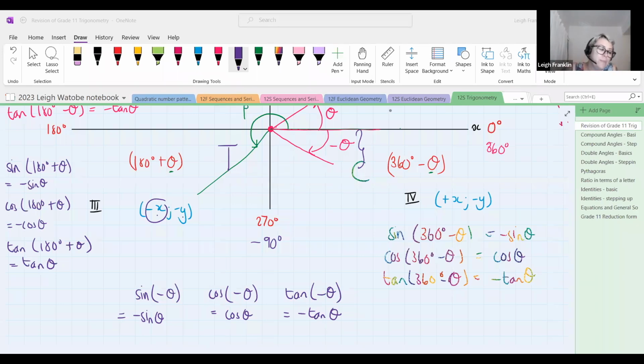In the old syllabus, in the old higher grade, we had to worry about reciprocal ratios as well. But as far as you are concerned, yes, those are the only two you have to worry about. Tan and its reciprocal are also seen as co-ratios, but you don't have to worry about that in the CAPS syllabus. It's just sine and cos. Okay.